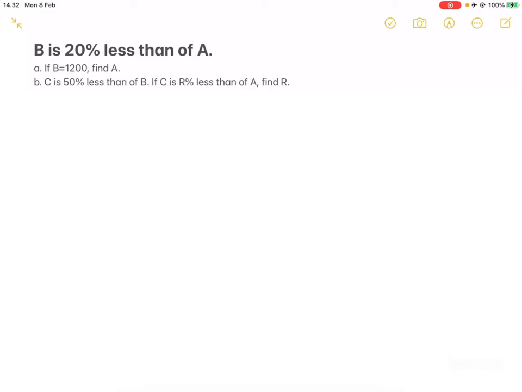So here's an example where you need to set up some equations in terms of A and B. It's known that B is 20% less than A, or in other words, B is obtained by decreasing the value of A by 20%.